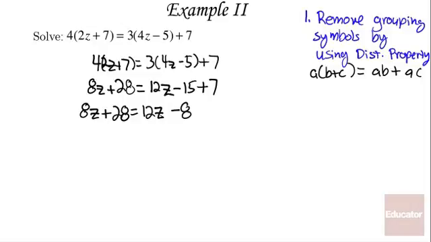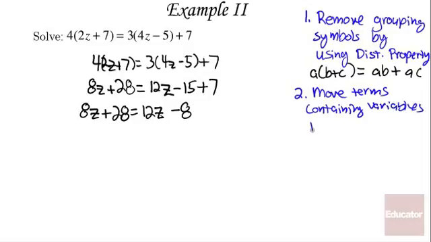After I've removed the grouping symbols, the next thing is to move terms containing variables to one side. And I'm going to move the terms containing variables over to the left side. Right now, I have 12z on the right side.